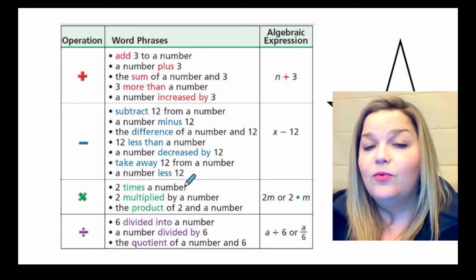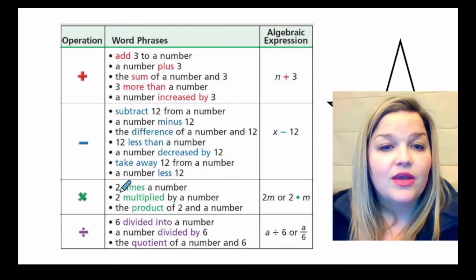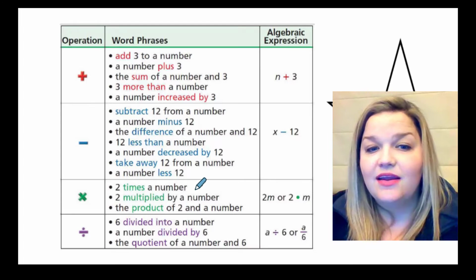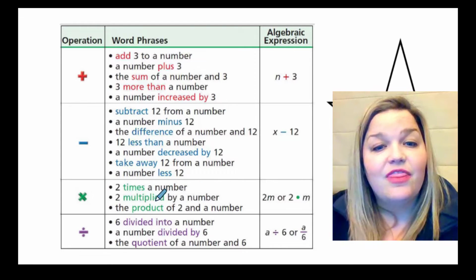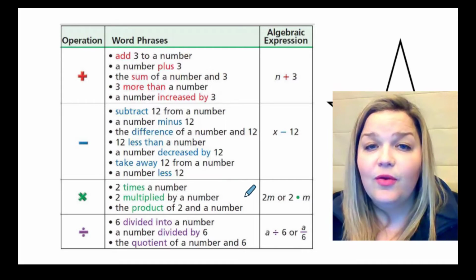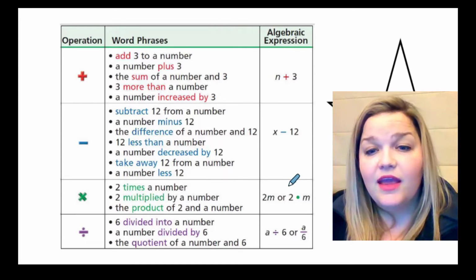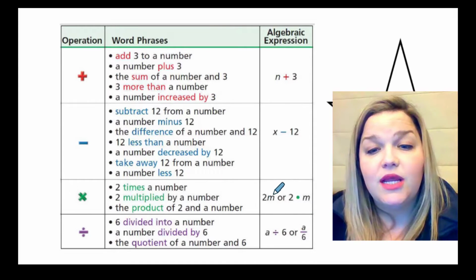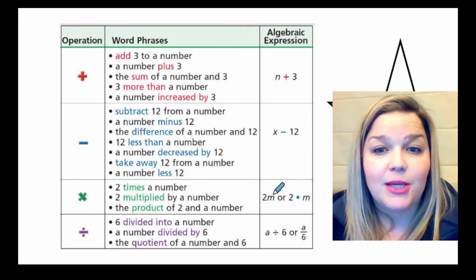Let's continue with words that indicate the operation of multiplication. 2 times a number, 2 multiplied by a number, and the product of 2 and a number. Remember that if you are dealing with variables and you have a coefficient just touching that variable, the implied operation is multiplication.